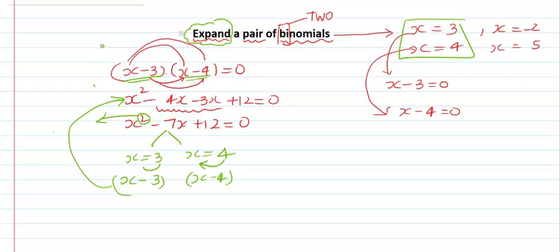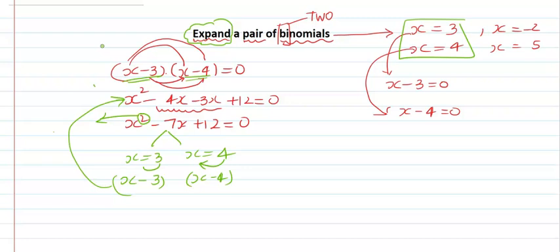Everybody is okay with what binomial is? So what is binomial, Joshan? It's when it has two x's, two values of x. Dilraj, what is monomial? One value of x. Thank you.